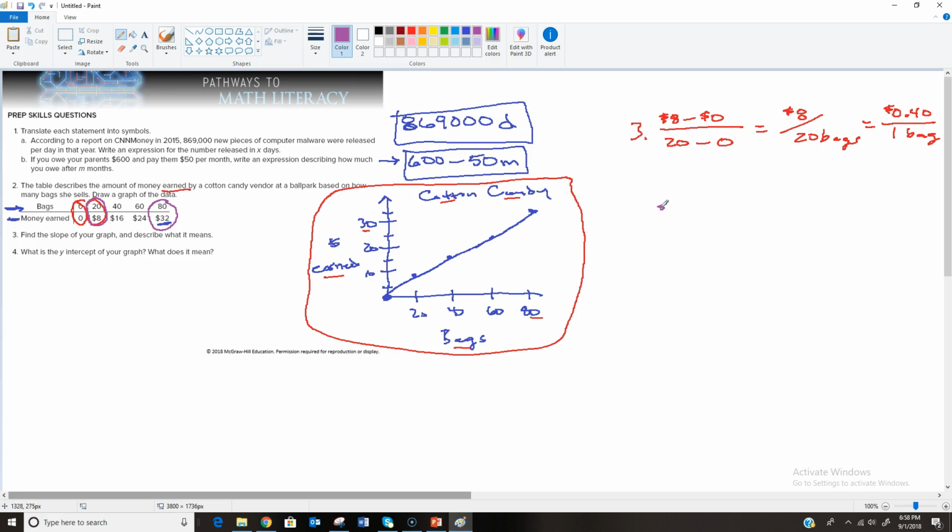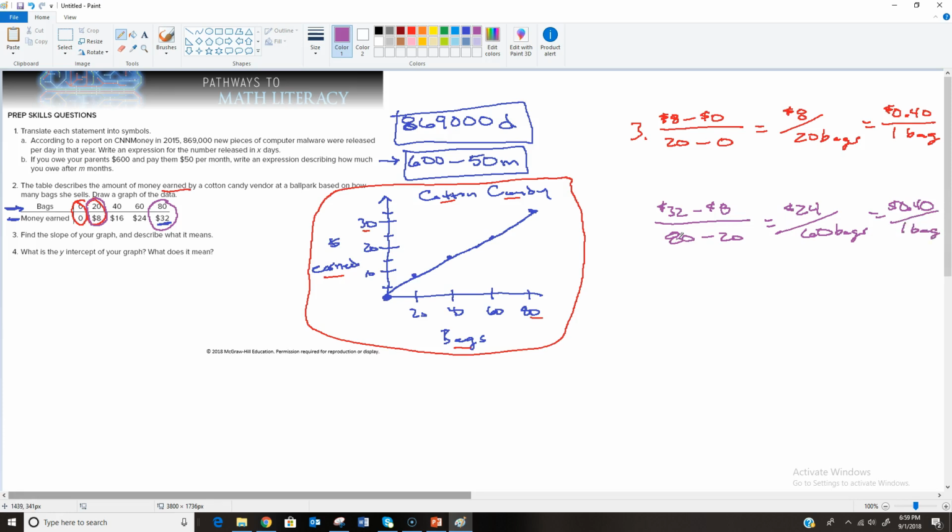So if I ended at $32 and started at $8, and that was when I ended at 80 bags and started at 20 bags, that would mean I went up $24 for 60 bags. If I divide 24 by 60, I still get 0.40 on my calculator, which in money terms is 40 cents per bag.